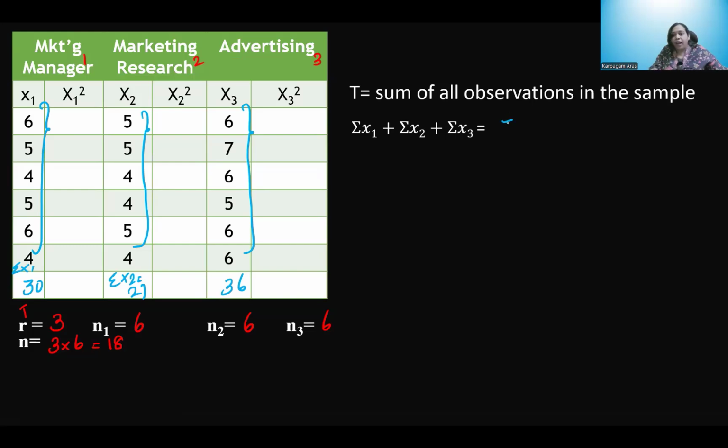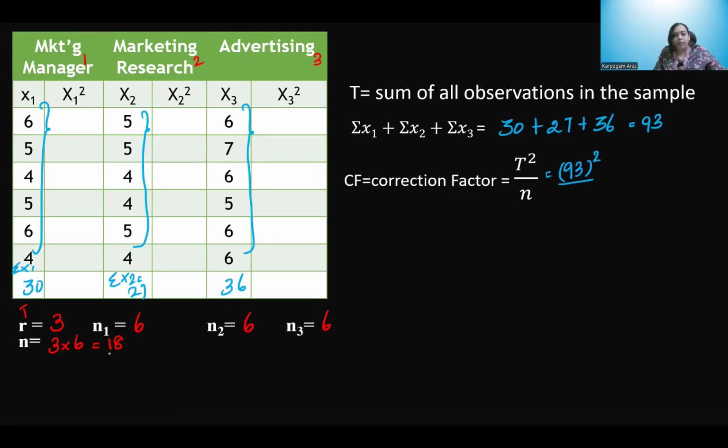This is the first step. Add 30 plus 27 plus 36, which gives us 93. Calculate the correction factor, which is T raised to the power of 2 divided by the total sample count, which is 18. 8649 divided by 18 gives us 480.5. The correction factor is finished.